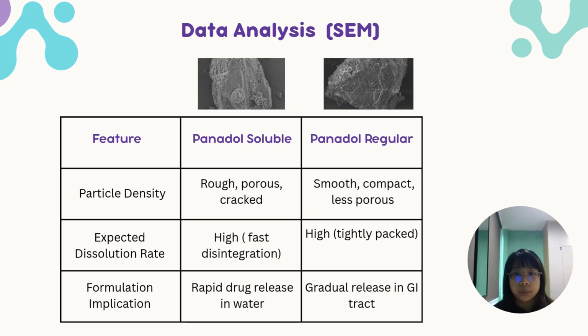For the expected dissolution rate, the Panadol soluble has a high and fast disintegration, whereas Panadol regular has low to moderate. For the formulation implication, Panadol soluble has rapid drug release in water, and Panadol regular has gradual release in the GI tract.